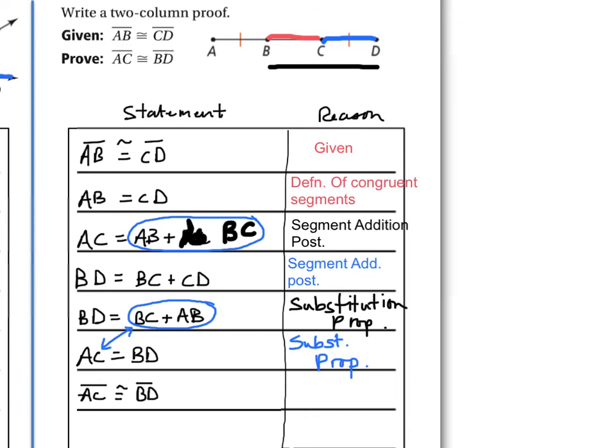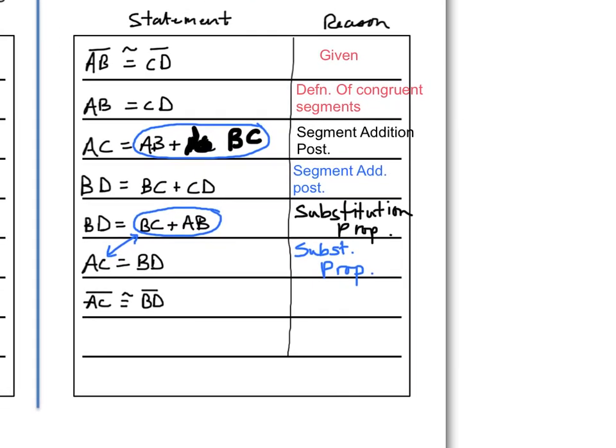If I said something equals something up top and I replace it later with the same thing, that's substituting. Okay? And then the final step, again, we'll talk about this in class, but we go from an equal sign to a congruent symbol. We say AC is equal to BD, and then AC is congruent to BD. That is the definition of congruent segments.